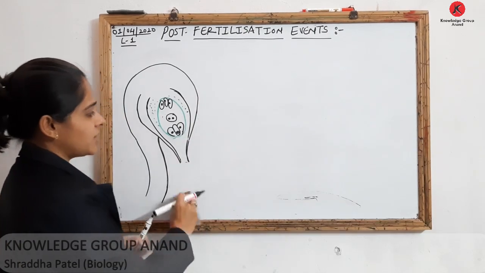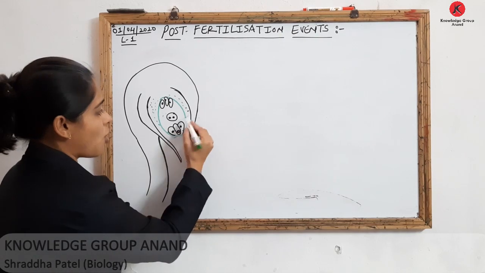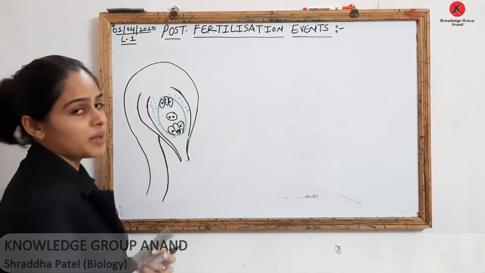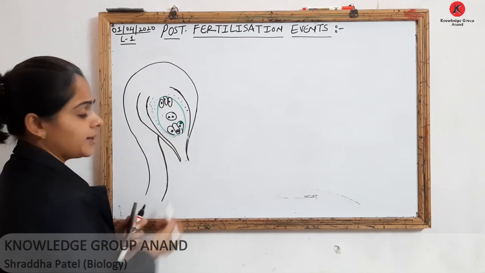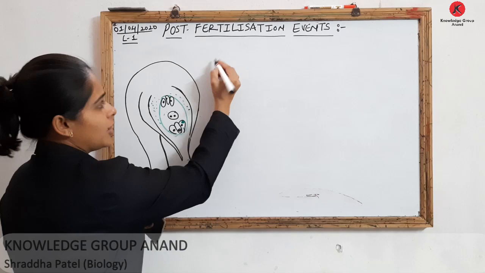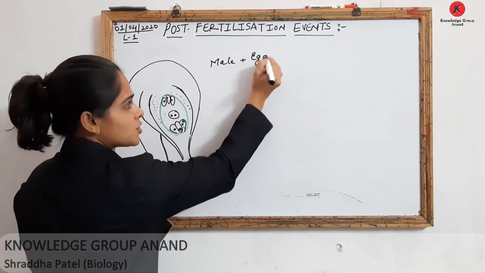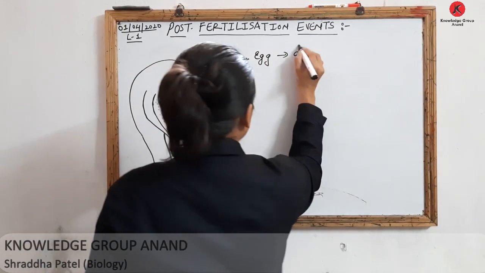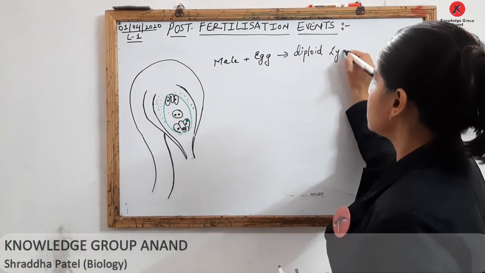Okay, so now inside the synergid there is the presence of your 2 male gametes, of which one male gamete fuses with the egg, as we very well know, to form your diploid zygote.